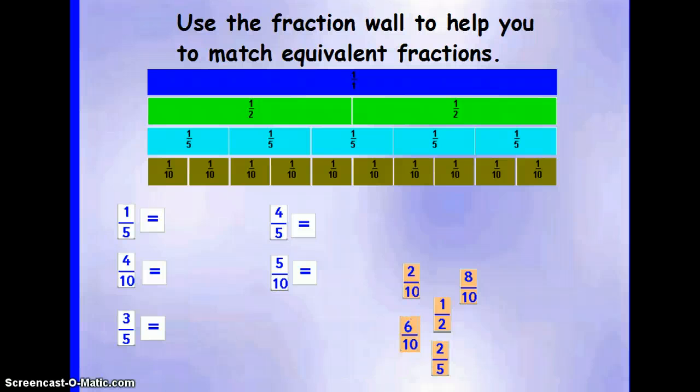Okay, so now you're going to use the fraction wall to help you match the equivalent fractions that we have now. So please pause your video and figure out 1/5, 4/10, 3/5, 4/5, and 5/10, and how they equal these fractions over here. Please pause the video now.